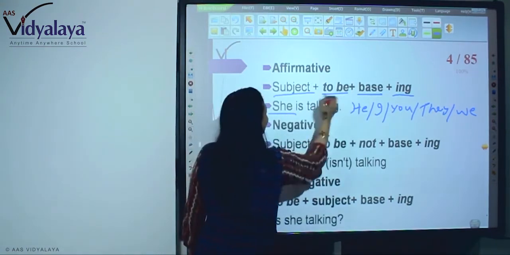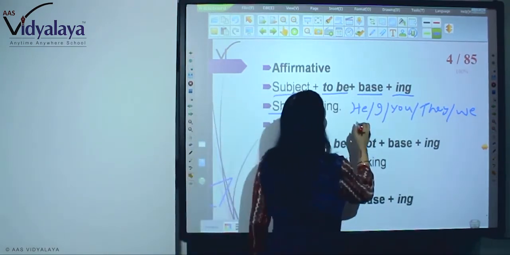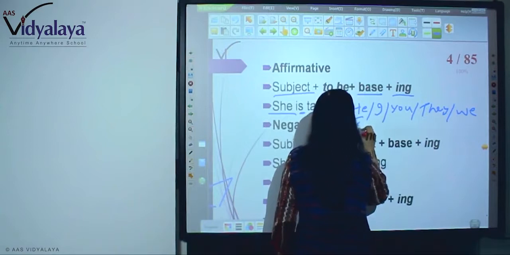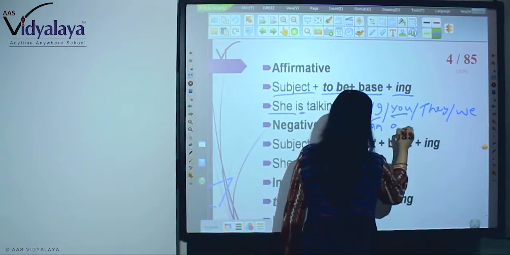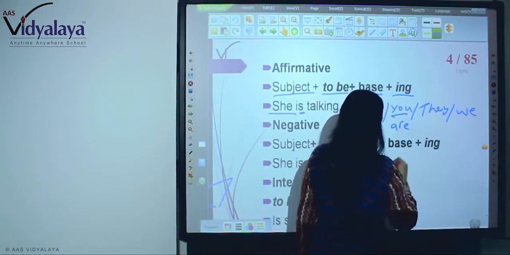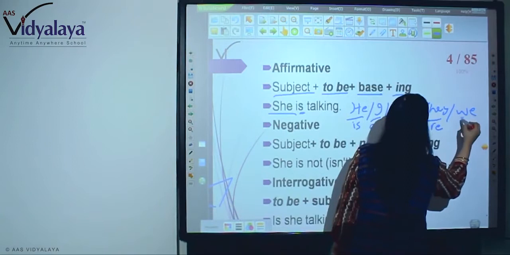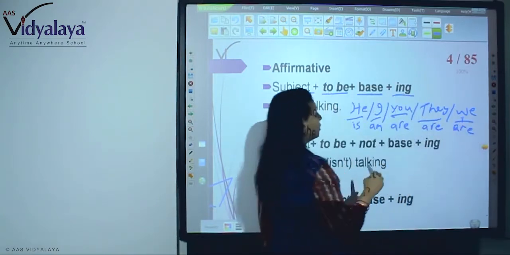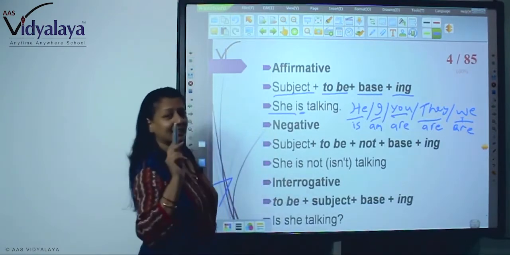Now, to be, here to be is. So, with he is, with I am, with you are, with they are, and with we it is again are. So, to be is changing. And this is present continuous.